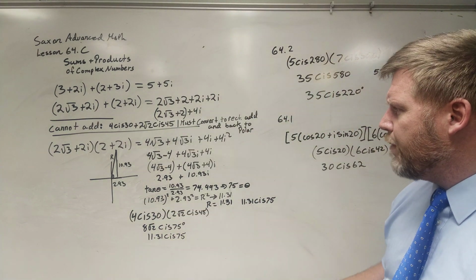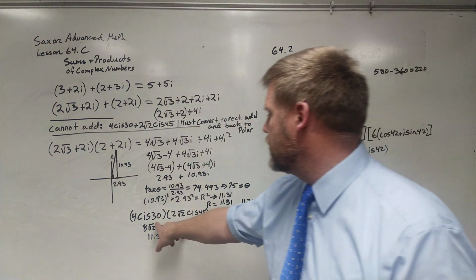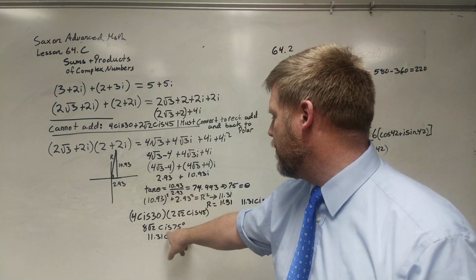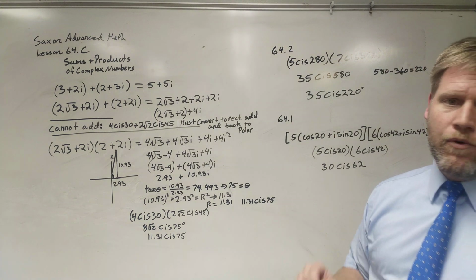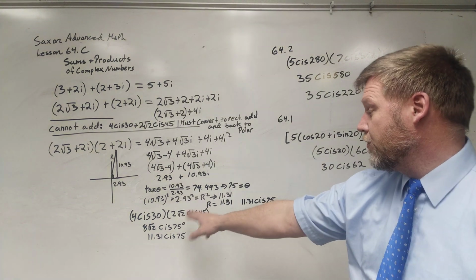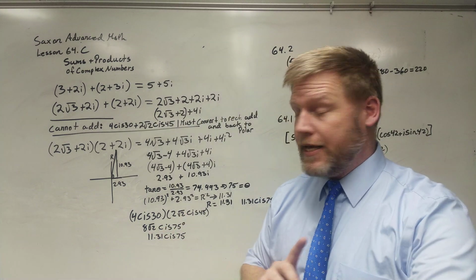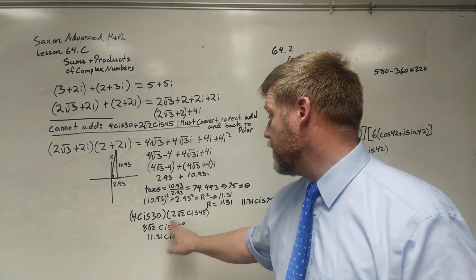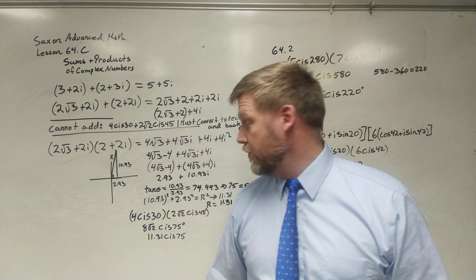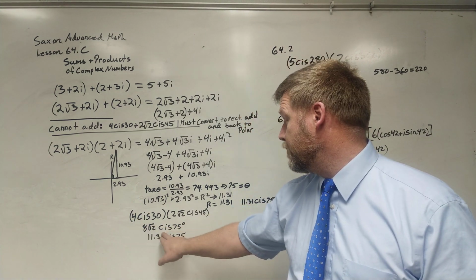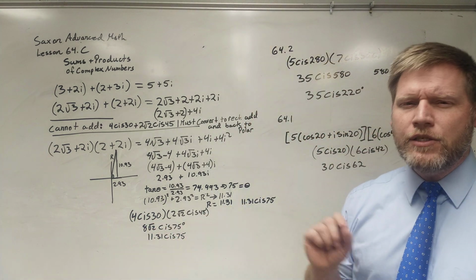Now, let's go ahead and talk about if I were just to take these two. These are the same idea. These are the same numbers, but they're already in CIS format. 4 CIS 30 and 2 root 2 CIS 45. What I'm going to do is take the radiuses and multiply them. 4 times 2 is 8 root 2. And then I'm going to take this CIS, bring it down, 30 and 45. This is where it's different.